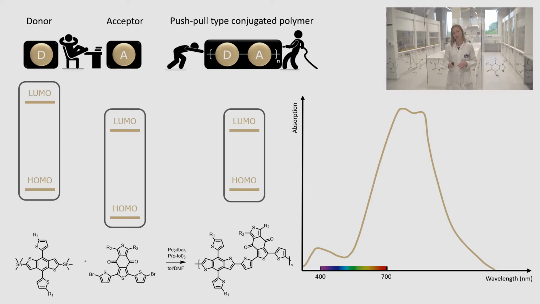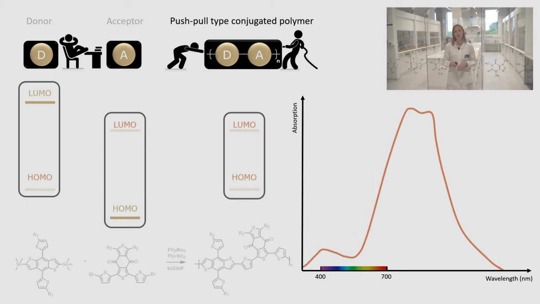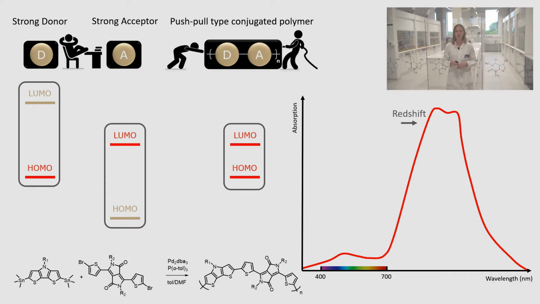By tuning the strength of this push-pull interaction, the absorption can be tuned. A stronger donor combined with a stronger acceptor will result in a decrease of the band gap and therefore a redshift of the absorption.